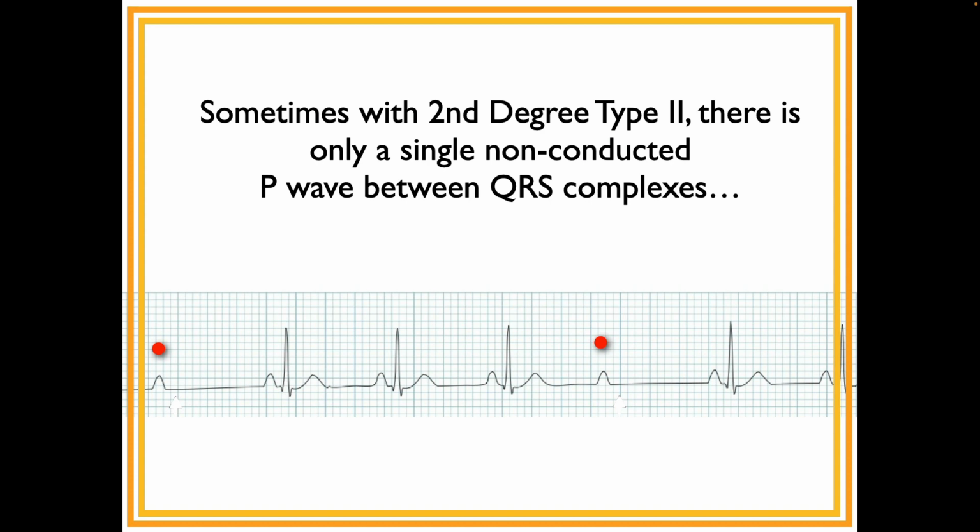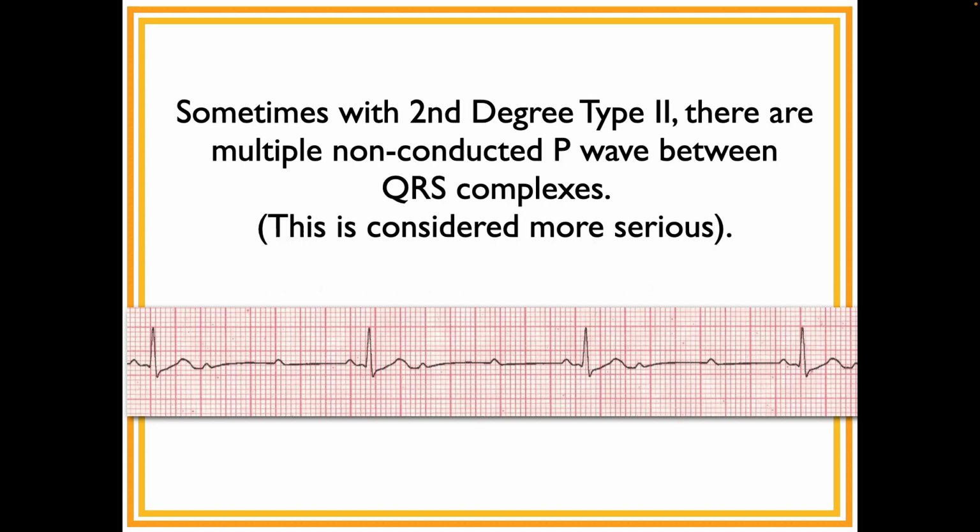It's just that the PR intervals don't increase. However, sometimes with second degree type 2, there are multiple orphan Ps. Okay? And not surprisingly, this is considered far more serious.